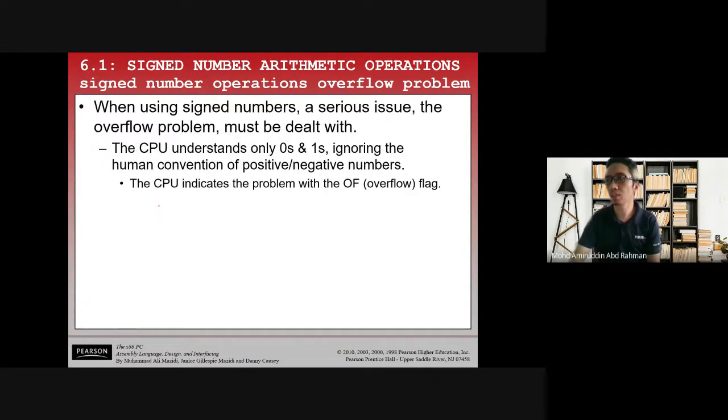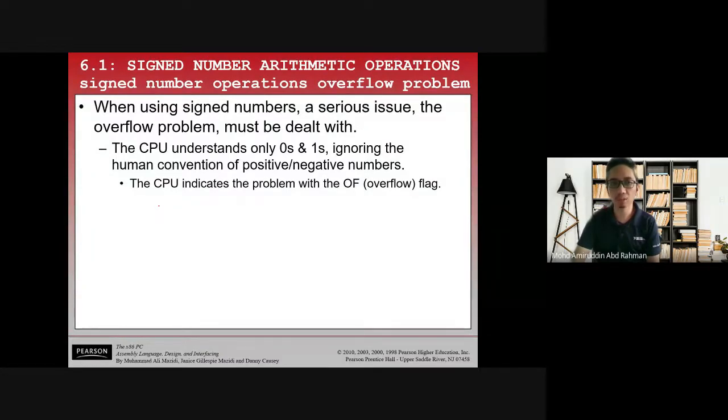When using signed numbers, there is a serious issue, the overflow problem, which must be dealt with. Because the CPU only understands 0 and 1, ignoring the human convention for positive and negative numbers, the CPU indicates the problem with the overflow flag.